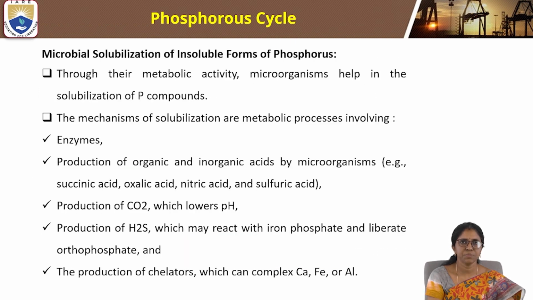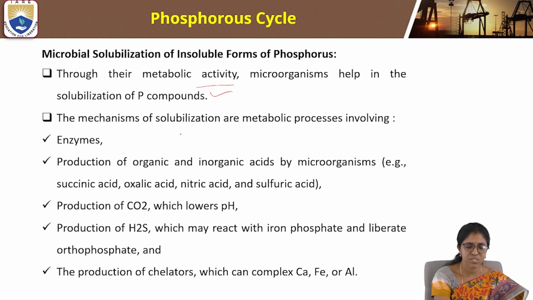The fourth one is microbial solubilization of insoluble forms of phosphorus. In the third step, they form insoluble salts. Through their metabolic activity, microorganisms help in the solubilization of phosphorus compounds, solubilizing the insoluble salts.